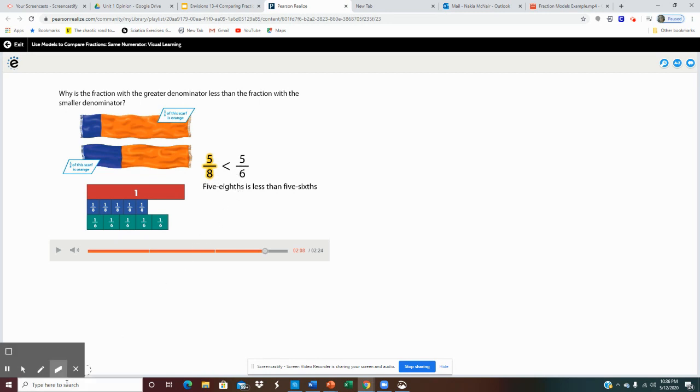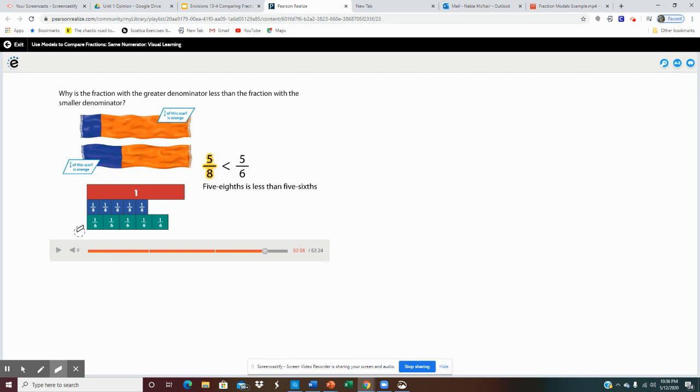Why would 5/8 be less than 5/6? We need to look at how these pieces are partitioned. As you can see, we have to cut the whole for 5/8 into 8 pieces.